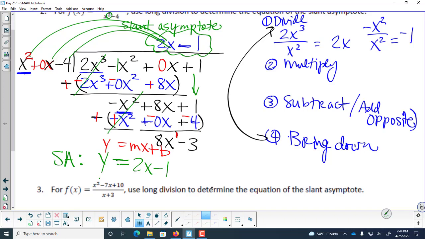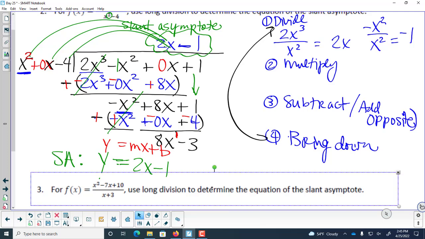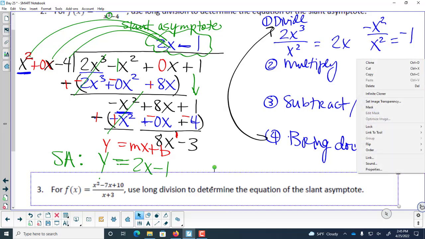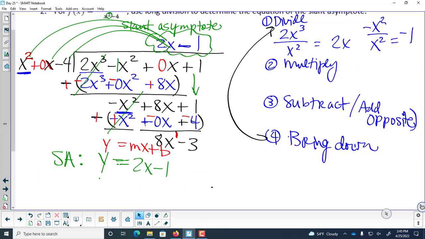Okay, yeah. So I know in the pre-work thing, it was you do the remainder over the divisor, whatever, but then it says don't worry about that for the slant asymptote. Is that correct, like every time, just don't worry about it for the slant asymptote? Correct, yeah.